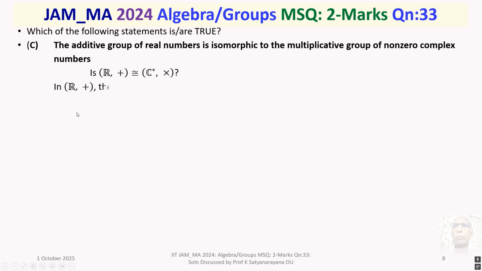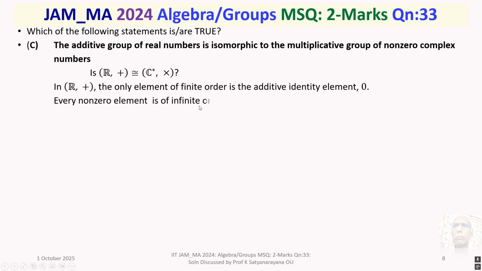Once again, we look at R under addition. The only element of finite order is the additive identity, namely 0. The remaining non-zero elements are all of infinite order. Every non-zero element is of infinite order in R plus.